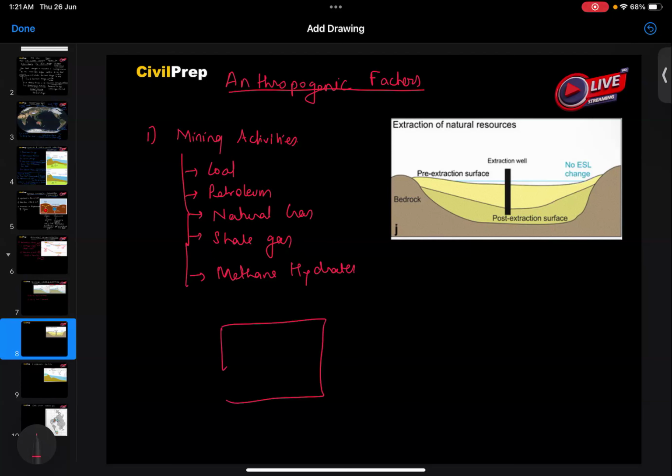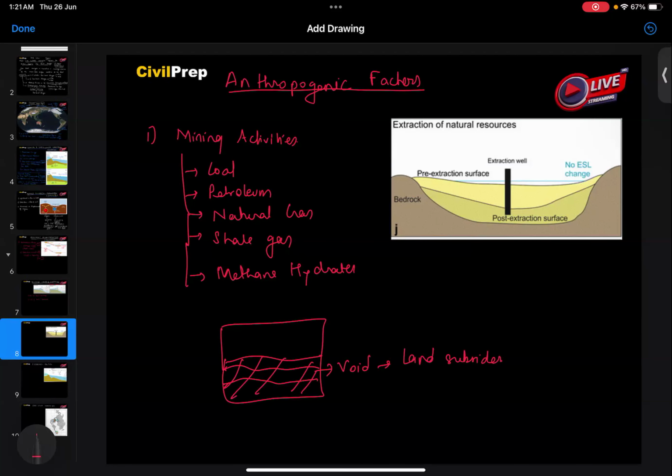So from any region, if a certain part of coal, petroleum, natural gas or shale gas is removed, this region becomes void. And here, because of the creation of void, the land subsides.